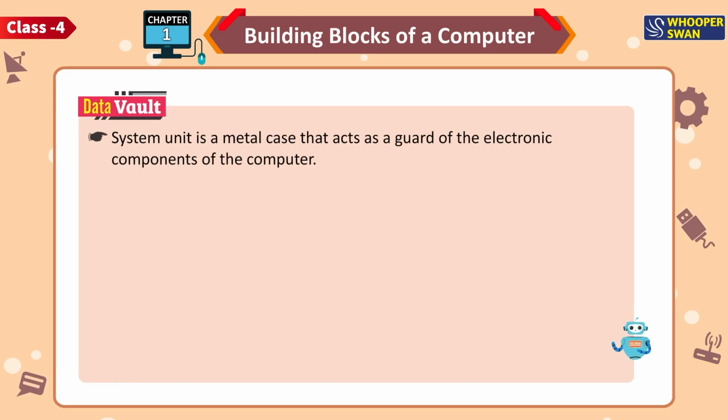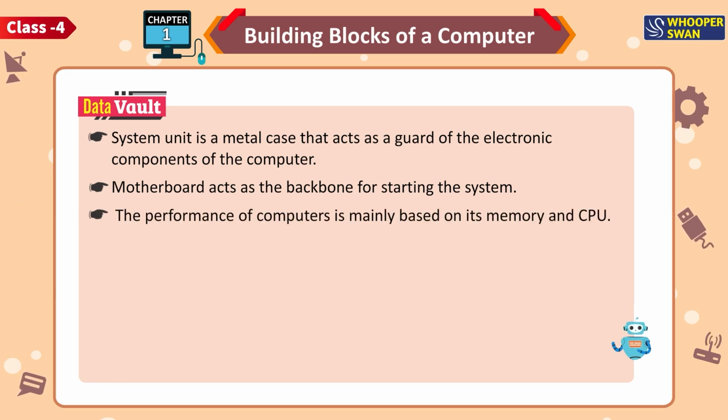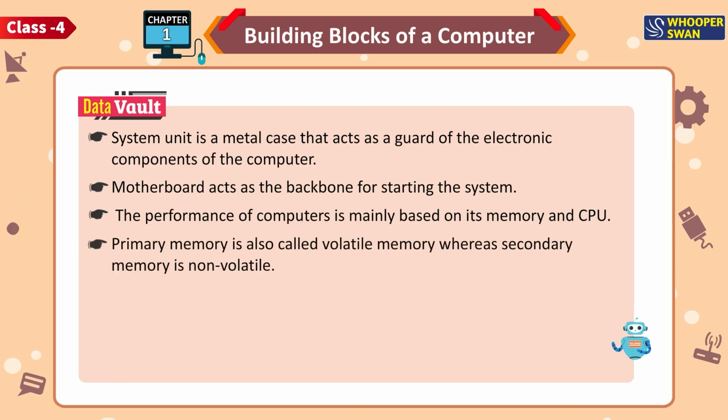Data vault. System unit is a metal case that acts as a guard of the electronic components of the computer. Motherboard acts as a backbone for starting the system. The performance of computers is mainly based on its memory and CPU. Primary memory is also called volatile memory, whereas secondary memory is non-volatile.